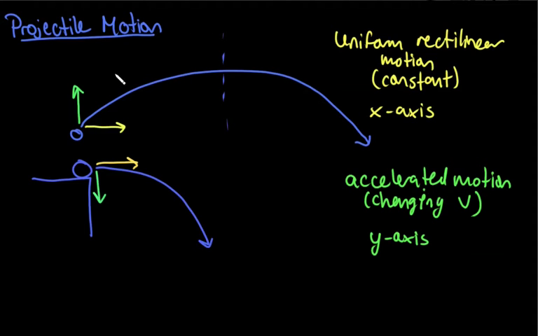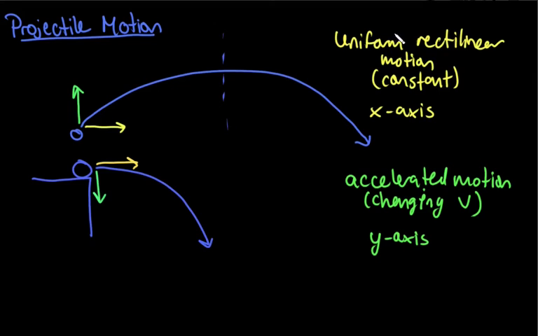So when we analyze projectile motion problems, we actually have to break this up into the two components. Otherwise, we can't really solve these kinds of problems. It is important to note that both these components, the uniform rectilinear motion on the x-axis and the accelerated motion on the y-axis, are completely independent of each other.